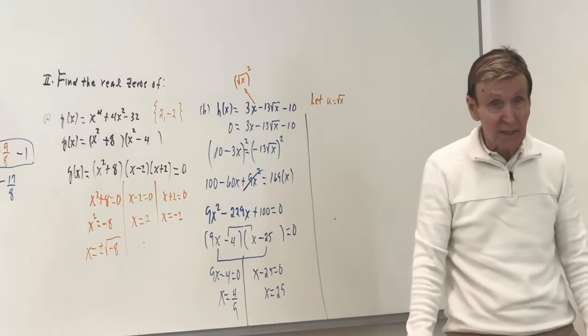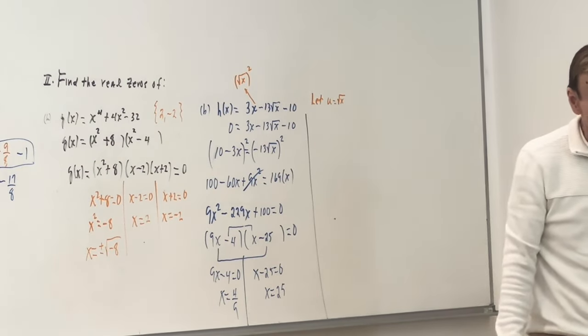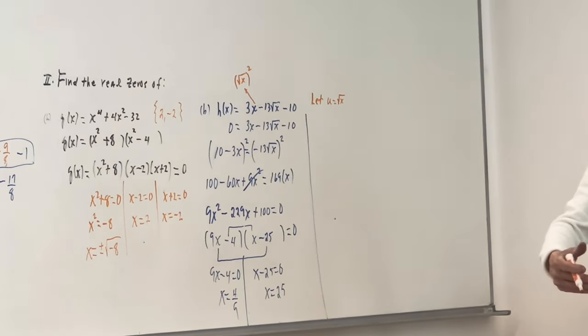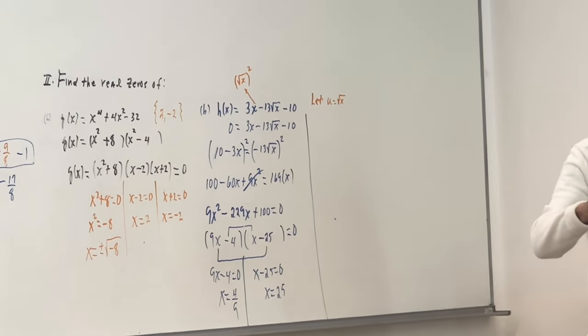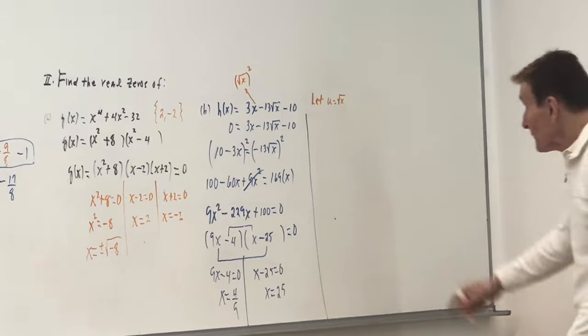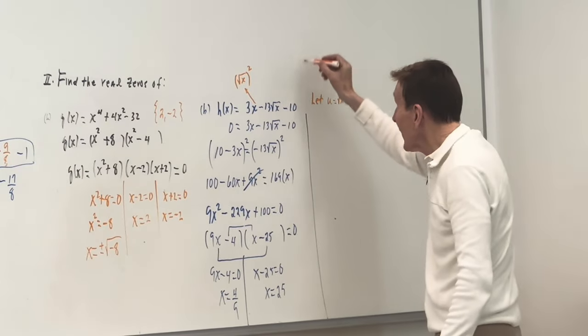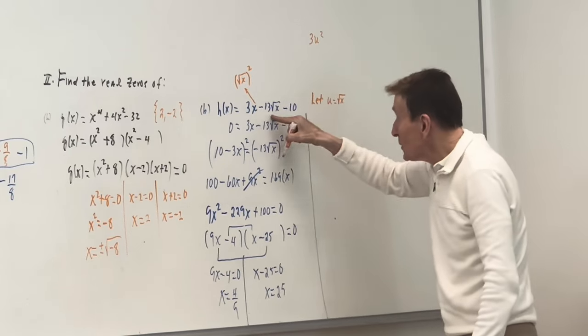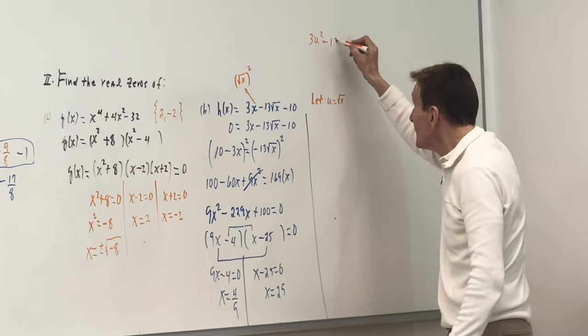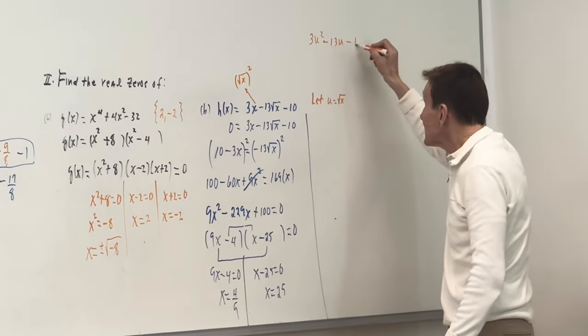Is square root x squared still x? Of course it is. So could I rewrite x as square root x squared, and then everywhere I see a square root of x, replace it with a u? We'll write that first term as 3u squared. In the middle, minus 13u, subtract 10.